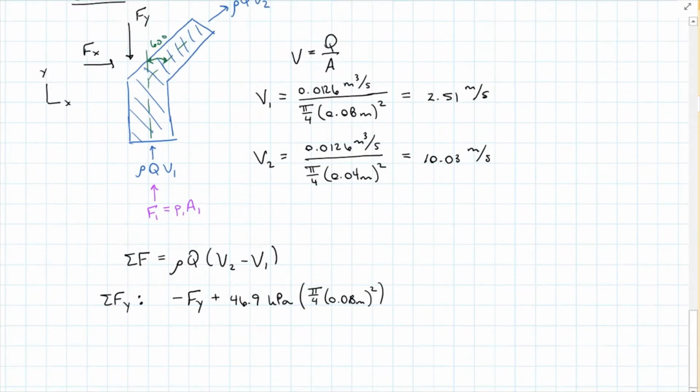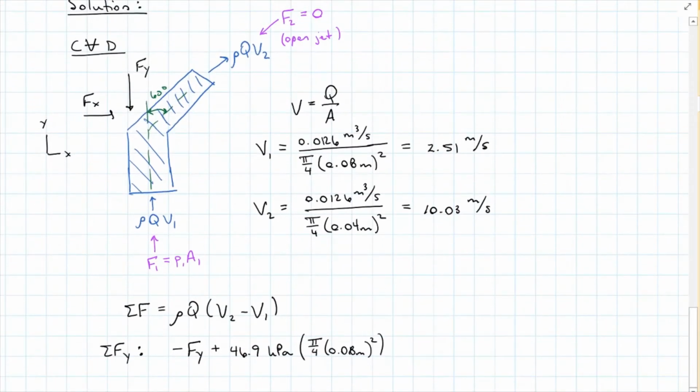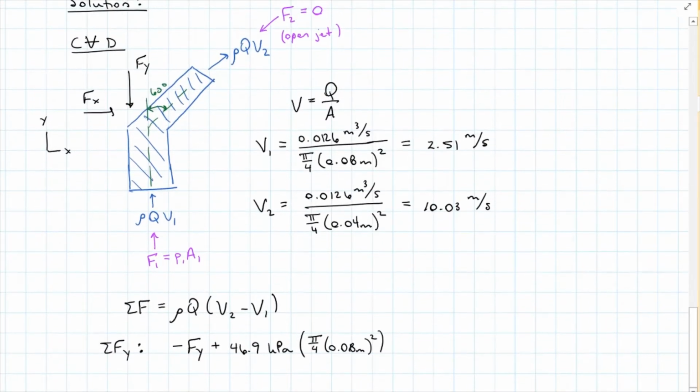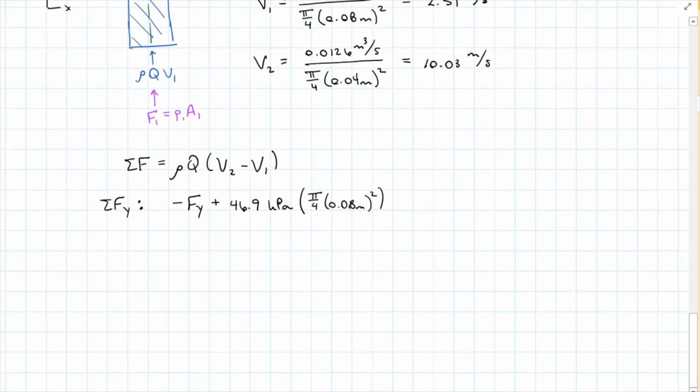And then I do not have any outgoing force in the y direction because it's an open jet and force 2 is equal to 0. So that's going to equal the density of my water, which is 1,000 kilograms per meter cubed, times the given flow rate, 0.0126 meters cubed per second, times the outgoing velocity, v2.